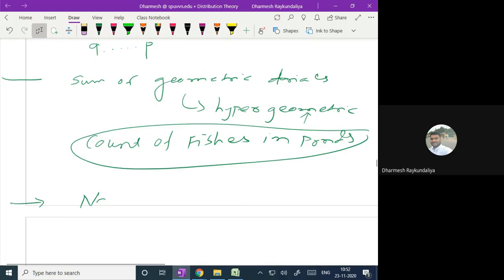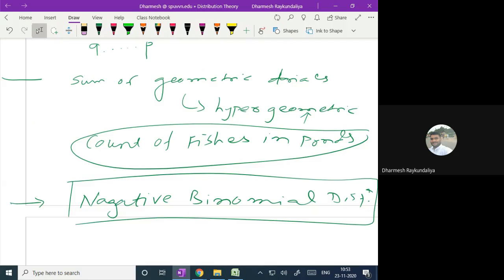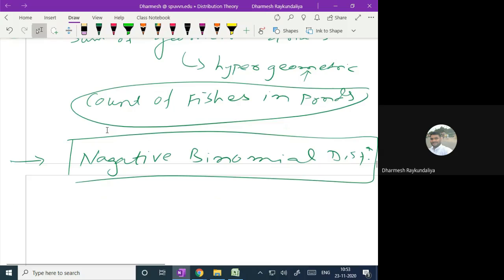Then you have the negative binomial. Sometimes it is also known as the Pascal distribution. So what is the use of negative binomial? Negative binomial distribution is also known as the Pascal distribution, and it is also known as the inverse binomial.